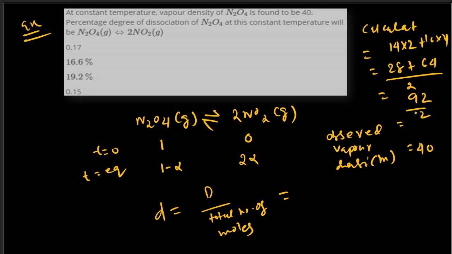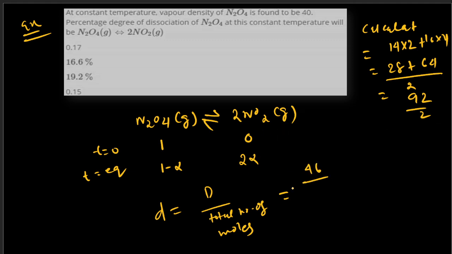That will be 46. So the real density is 46, and the total number of moles is 1 minus alpha plus 2 alpha, that is 1 plus alpha, and the observed density is given, that is 40.